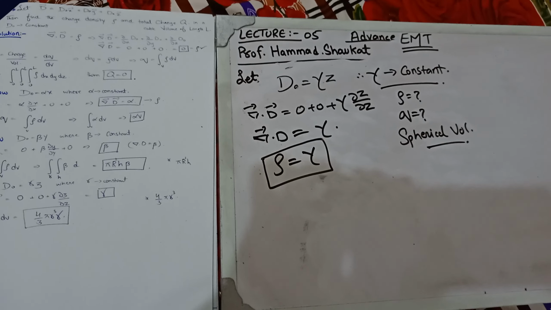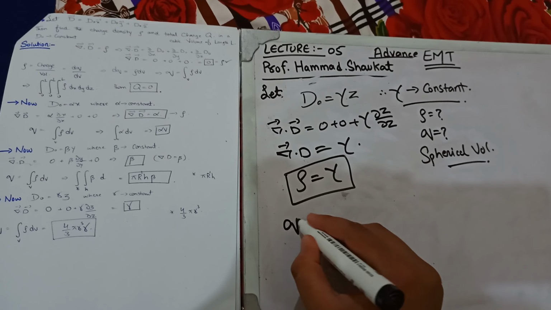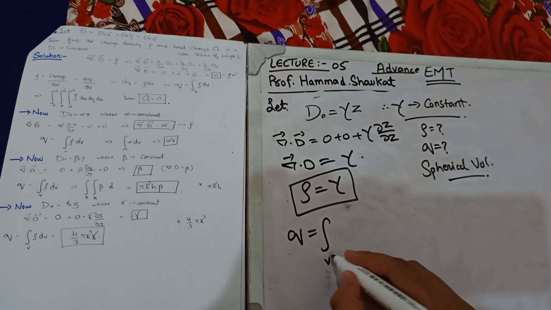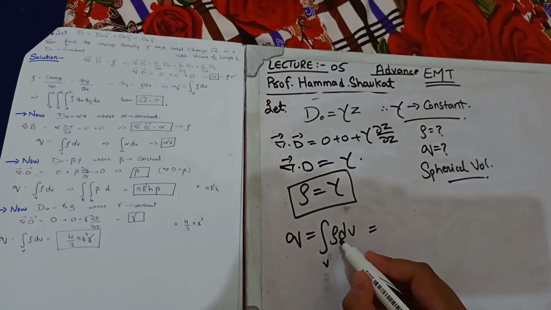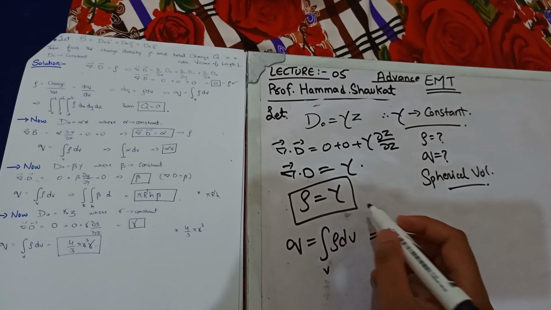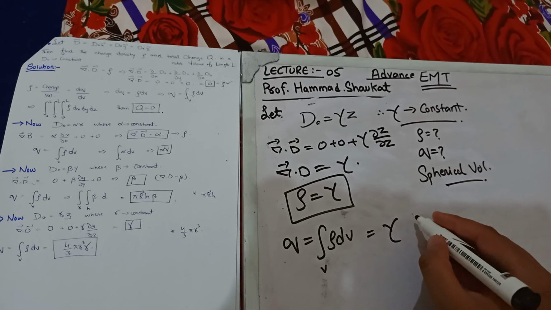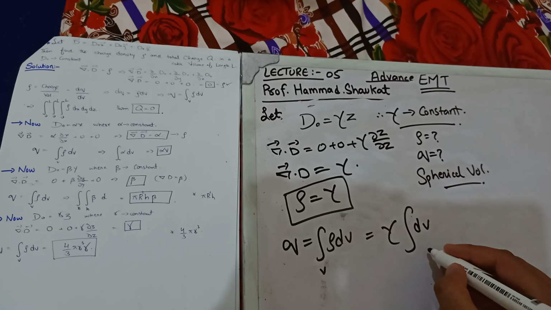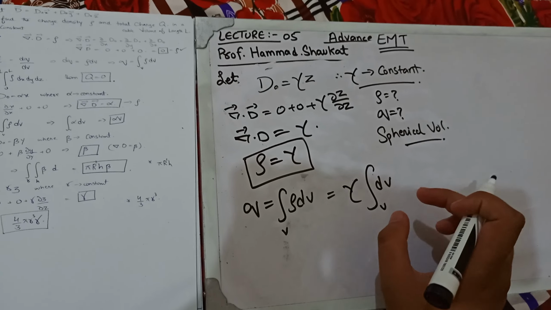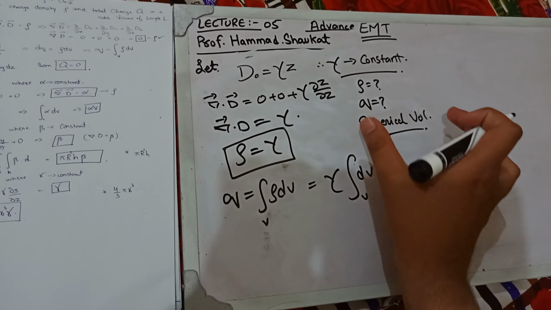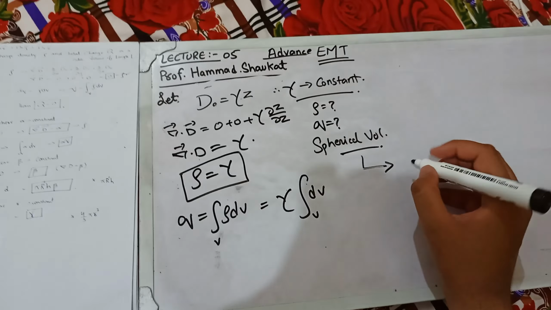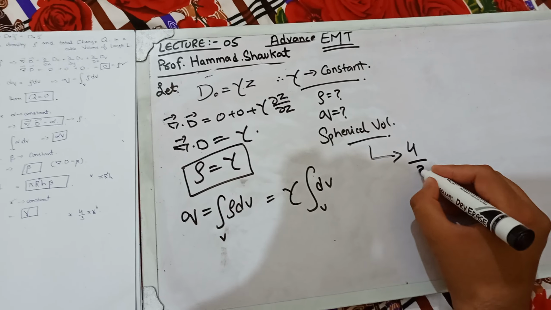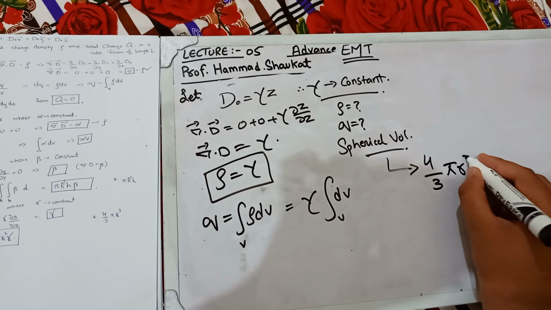Similarly, you have to find your total charge Q. You already know we can find it by integrating rho dv, and the value of rho is gamma. Because gamma is constant, it comes outside of the integral, and we integrate dv over the spherical volume. We already know that the volume of a sphere is 4 by 3 pi r cube.